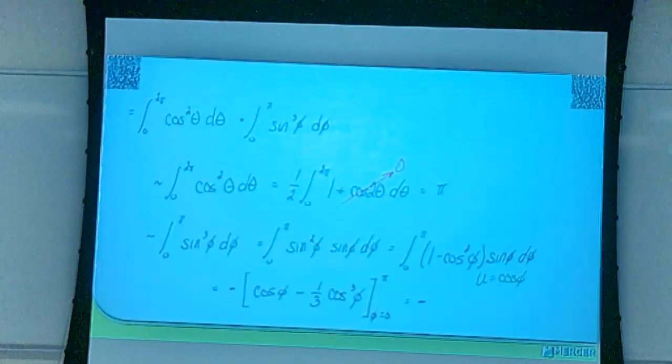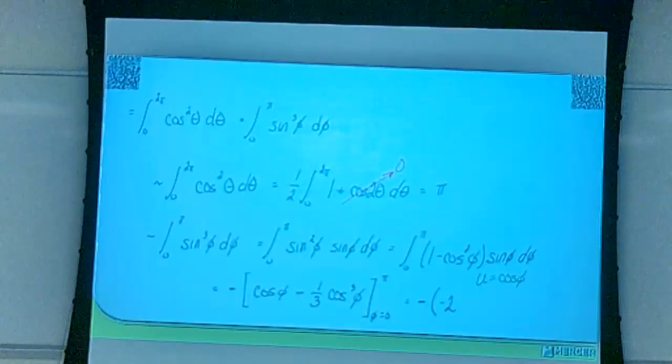What is cosine of pi? It's -1. Minus cosine of 0, which is 1. -1 minus 1 is -2. Cosine of pi was -1, and -1 cubed is -1.